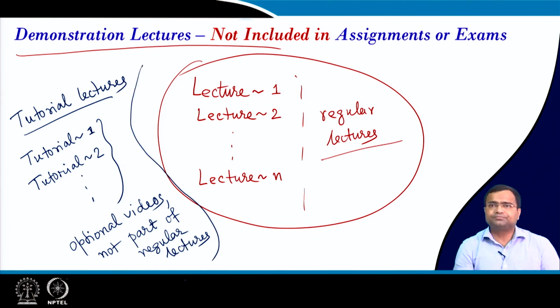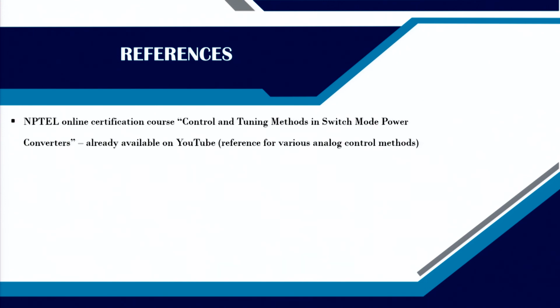these videos will not be considered. Okay. So in this course I just want to summarize what reference material will be used. One is our earlier NPTEL course, Control and Tuning Methods in Switch Mode Power Converter. This is already available on YouTube, and that course discussed in detail different analog modulation and control techniques for analog control.